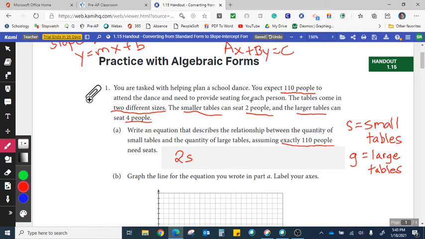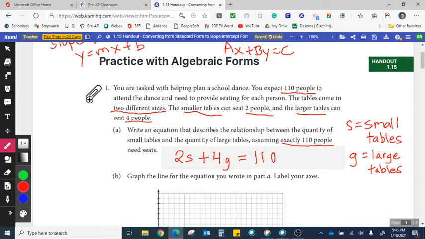S is the number of tables that you don't know. Okay, so I'm going to say 2S plus, well, the other one is 4 people. So the large tables seat 4 people, so 4G. Okay, and the total number of people that need to be sat are 110.